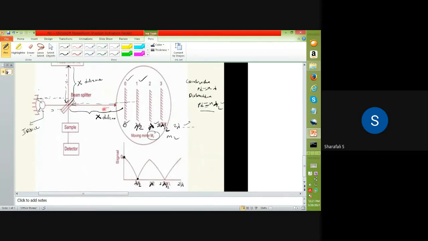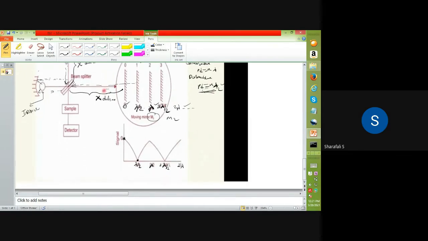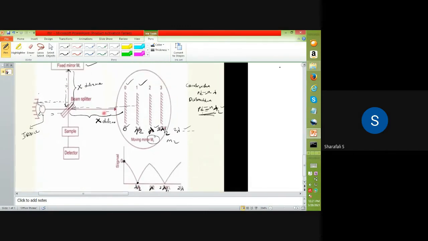Just check that diagram. So this is the condition for destructive interference, and we get minimum intensity at this point.